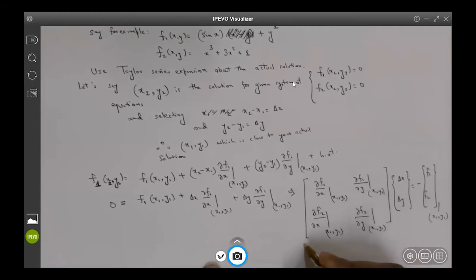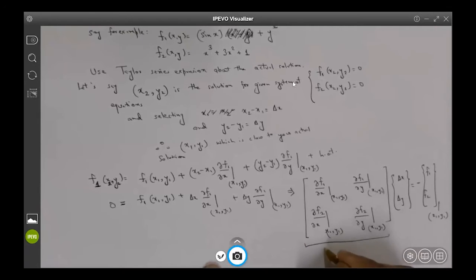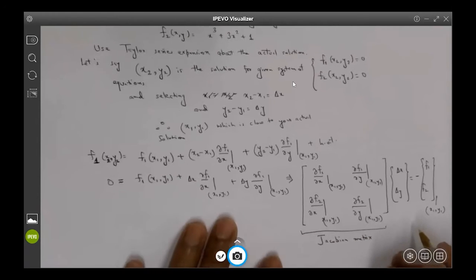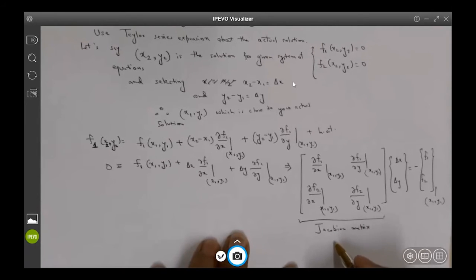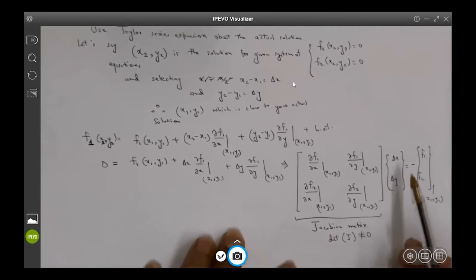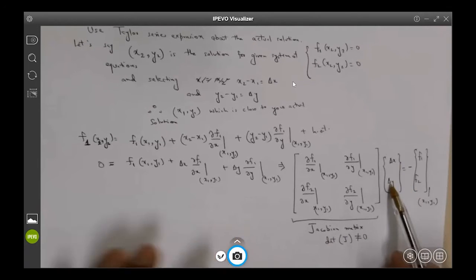This specific matrix is called a Jacobian matrix. And you can solve this assuming the determinant of this matrix is not equal to 0, that is, it is not singular. Only then can you solve for delta x and delta y.